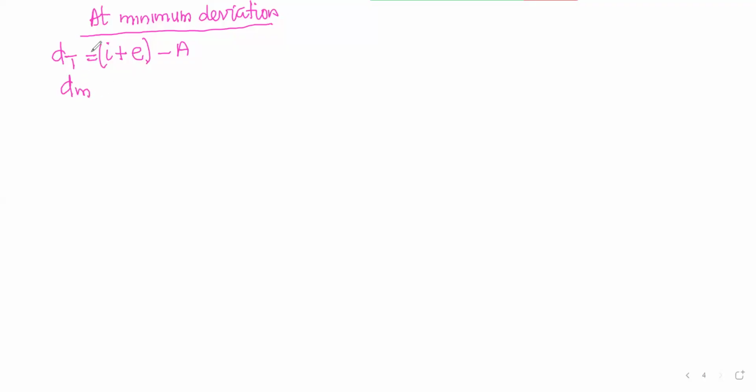Dm, meaning we are replacing the total by minimum, because we are at the least deviation. So it's not total again, but the least deviation.